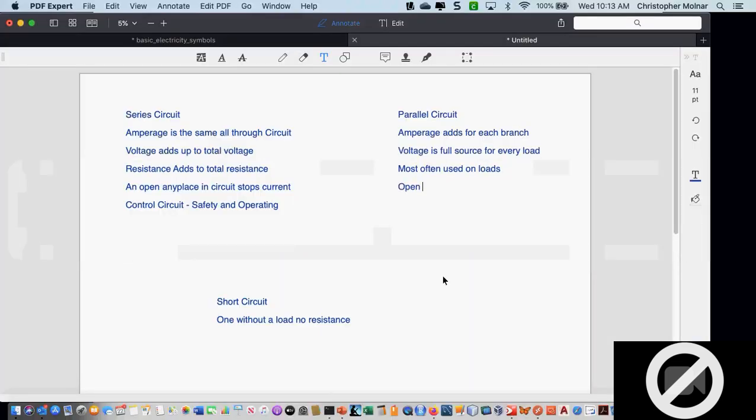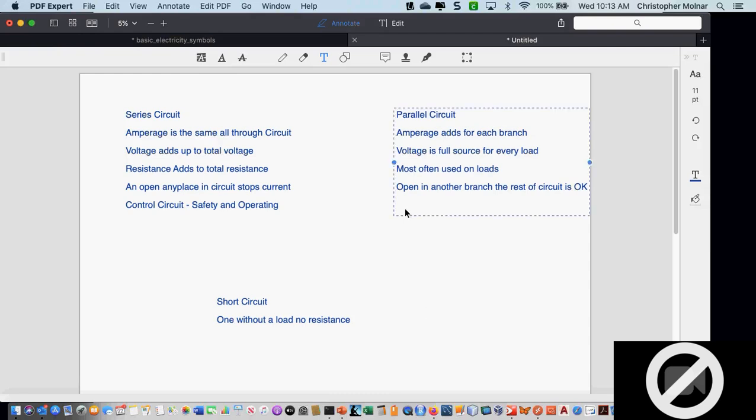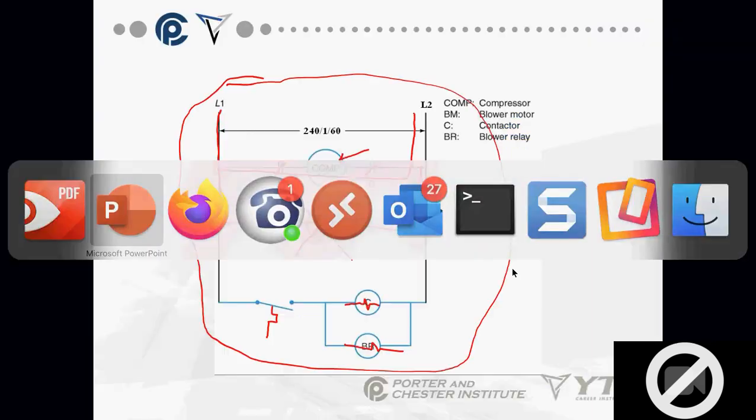So if there's an open in another branch, the rest of the circuit keeps running. Now again, resistance we'll talk about in a few minutes. There's something weird about resistance in a parallel circuit.